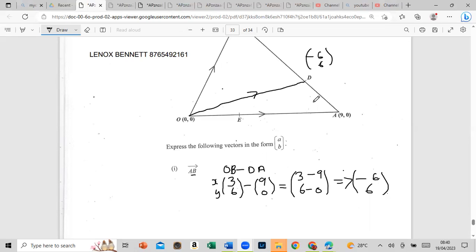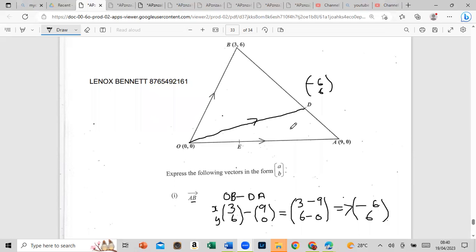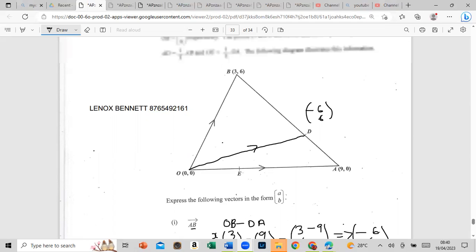We already found AB, (-6, 6). So what we can do now is find this part right here. That is very easy because they told us that AD, which is from here to here, so we're going in this direction, very important, the direction. They told us that AD is 1/3 of AB.